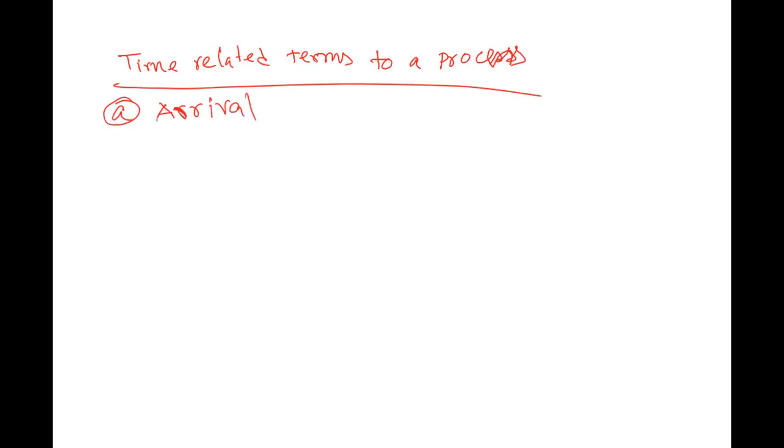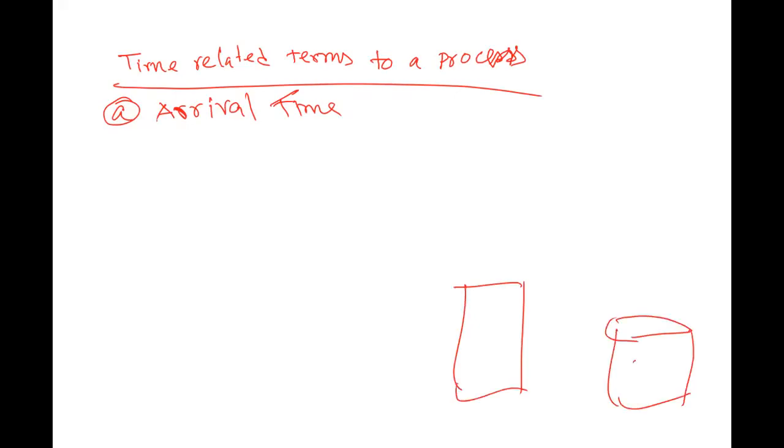Arrival time is nothing but, from the name you can also identify, the point of time when the process arrives into the RAM or comes to the RAM. Okay, this is the arrival time.